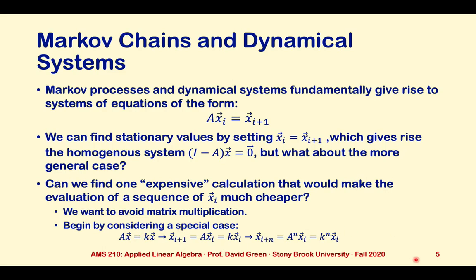So there is a case that would allow us to simplify the problem, but is this a case that arises? Is this a case that actually allows us to do anything meaningful for general problems? And that's what we're going to explore throughout the rest of this video.